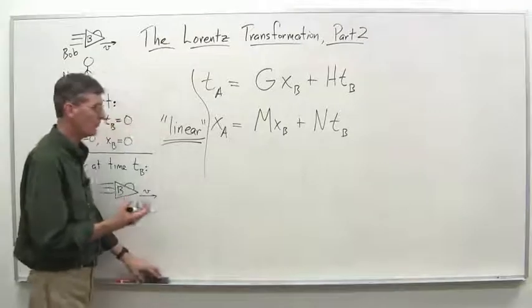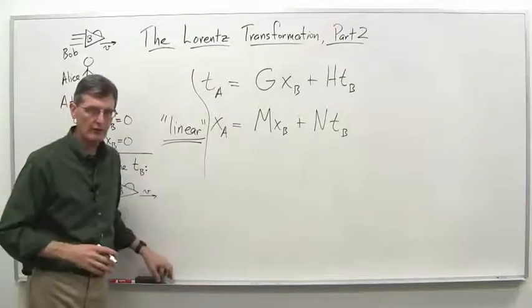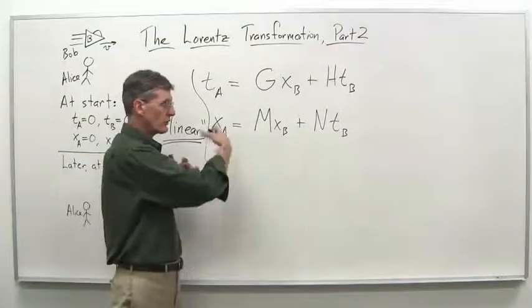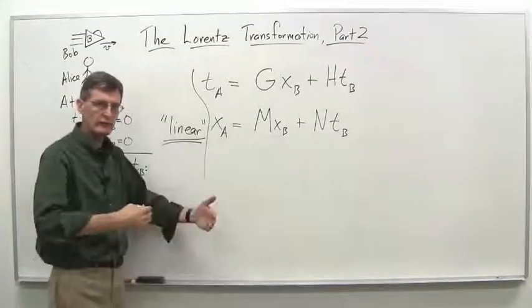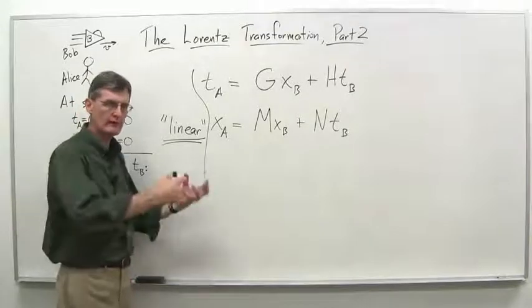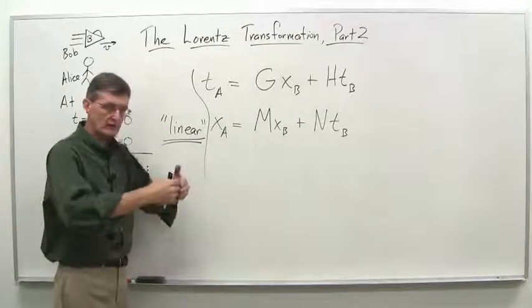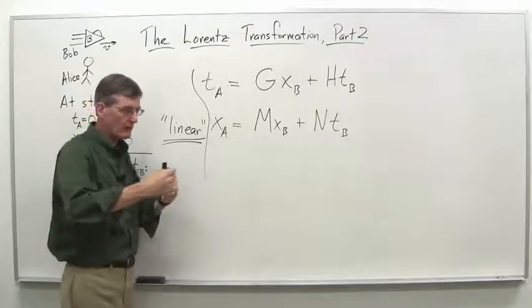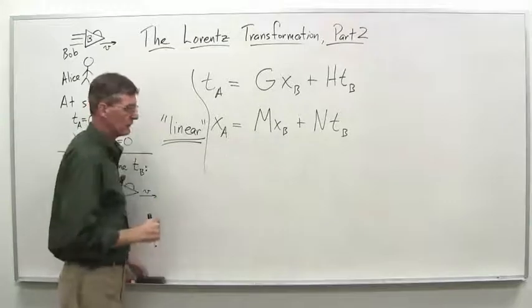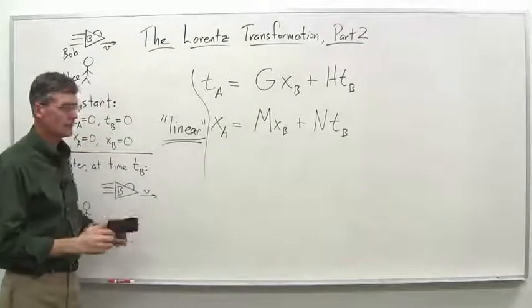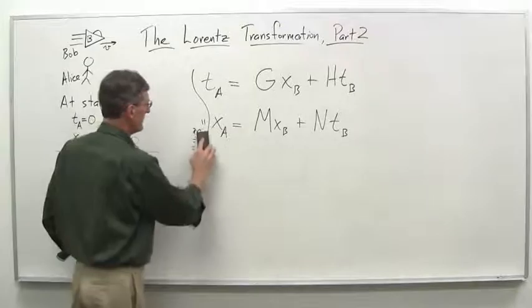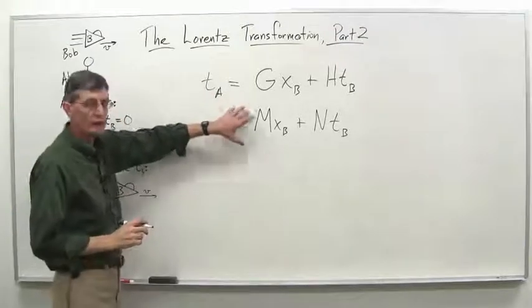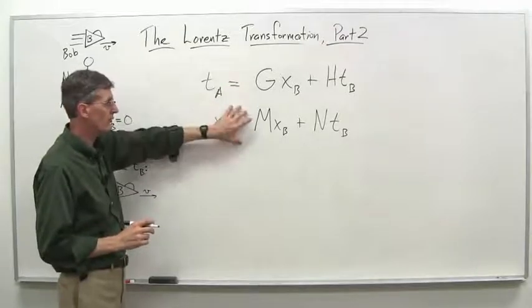That comes from our little hand-waving argument that the distances between times, and also distance, have to be uniform when you're transforming from one frame of reference to another. It can be stretched or contracted, but it can't change as you go along, as we saw. So accepting that, this is the form of our Lorentz transformation equations that we're going to go with.